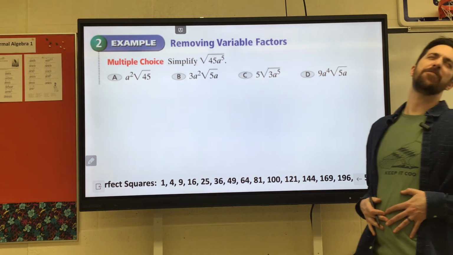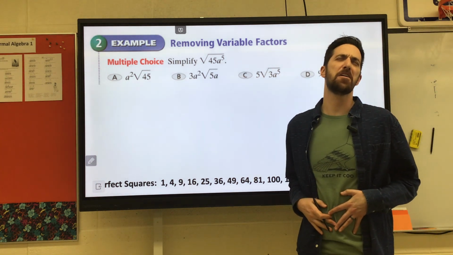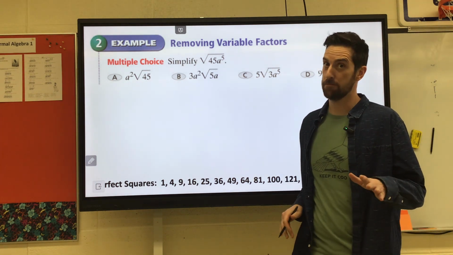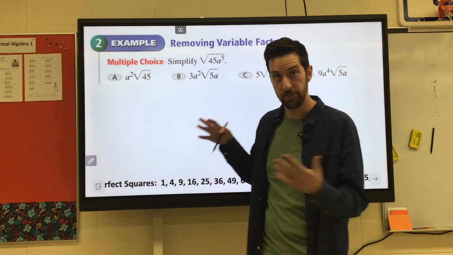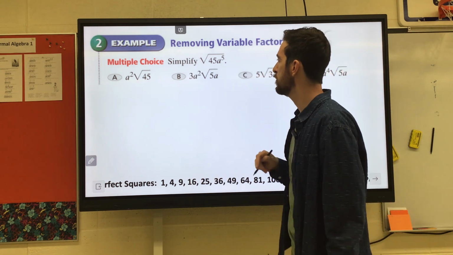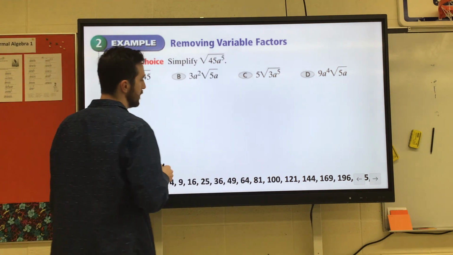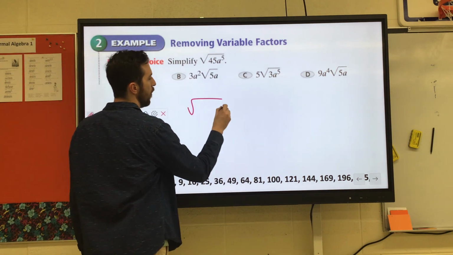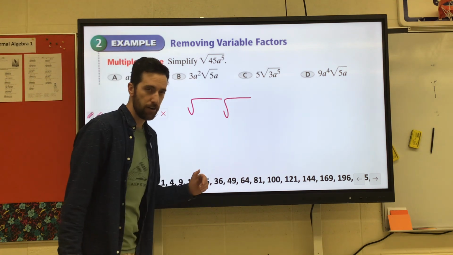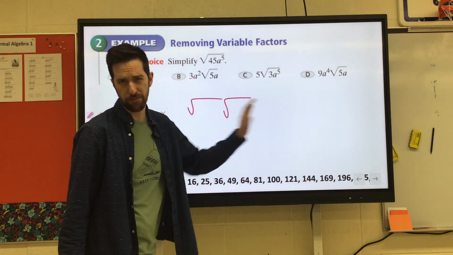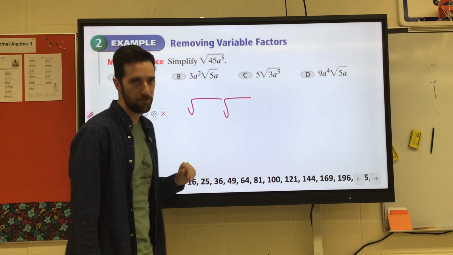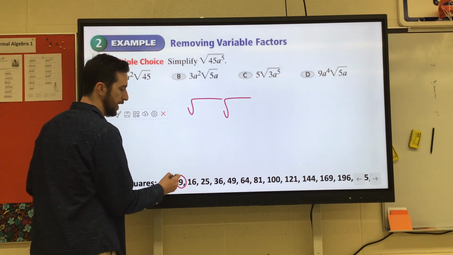Oh my gosh, variables. I think the variables are actually easier than the regular numbers. So we have to do square root of 45a to the 5th. Here, we're going to put all the perfect stuff in the left radical, all the leftover stuff in the right side. If we're just looking at the number 45, I know that 9 goes in there.